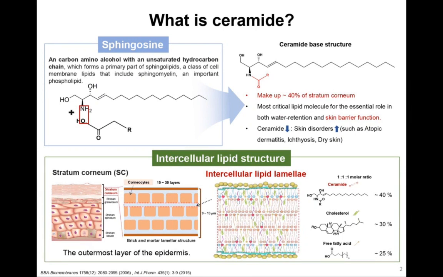Out of these components, ceramide is the most important because it makes up around 14% of the lipid lamellae. Namely, ceramide deficiency can lead to difficulty retaining water and induce dry skin and lipid barrier abnormalities, which can cause various skin diseases, such as atopic dermatitis.